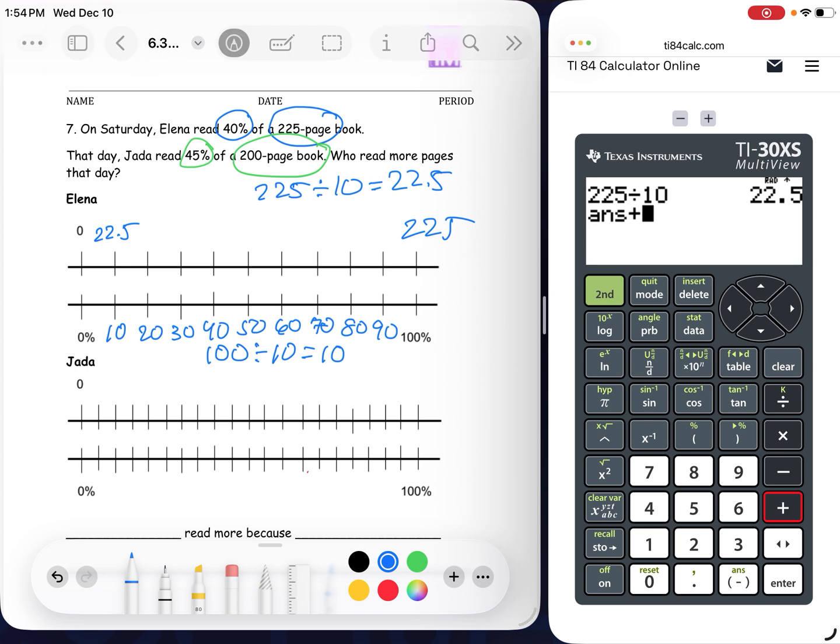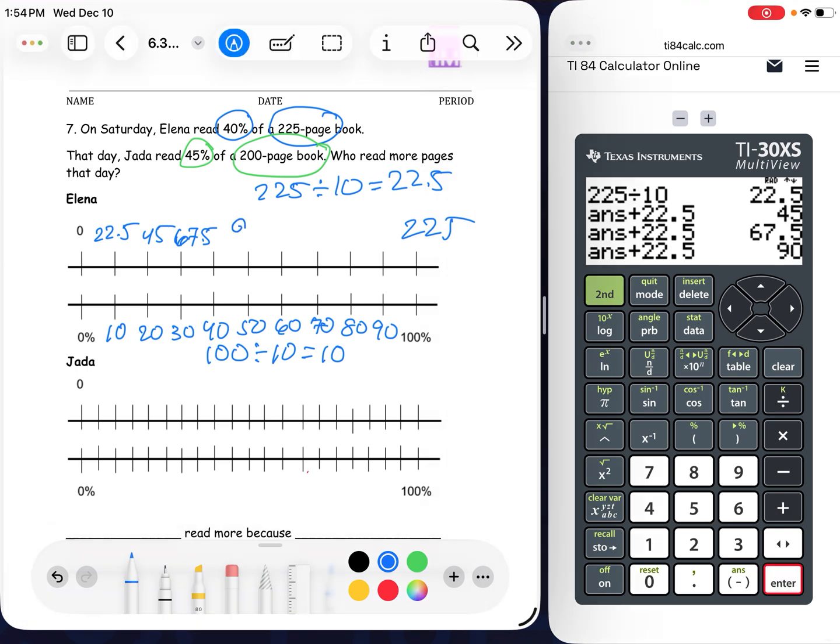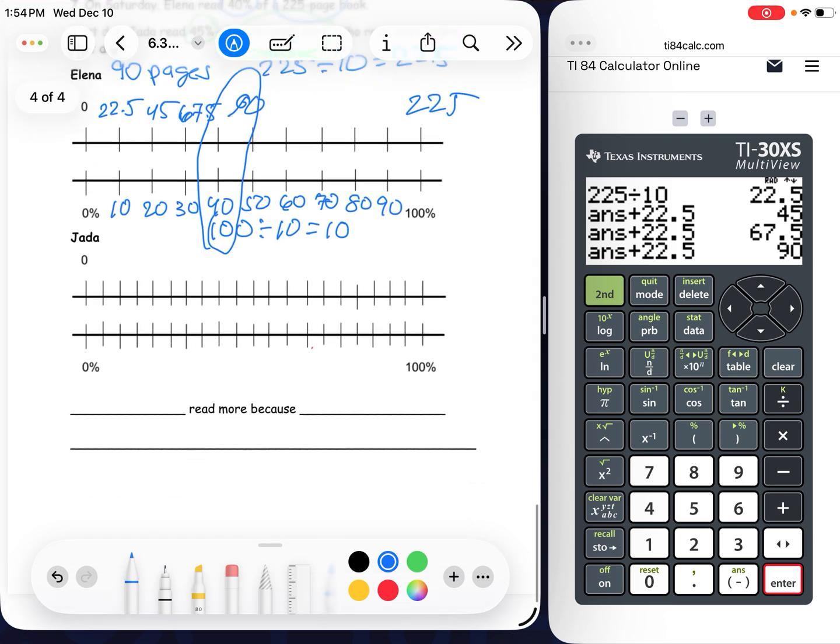And I can just keep adding 22.5, which is 45, and plus 22.5, which is 67.5, plus 22.5, 90, and I only have to get to 40%, which was 90 pages. All right, now let's do Jada.